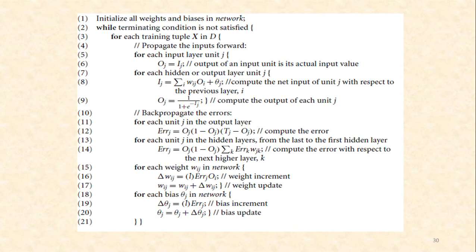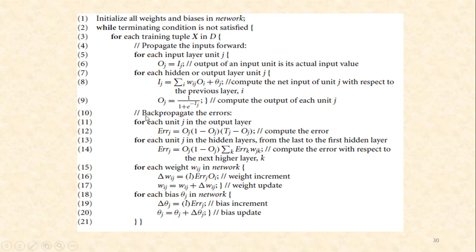So in the first hidden layer, the oi is nothing but the input itself. Coming to the output value of a particular neuron with respect to the hidden layers or the output layer, oj is equal to 1 by 1 plus e raised to minus ij. Ij is the value which we have calculated in this.